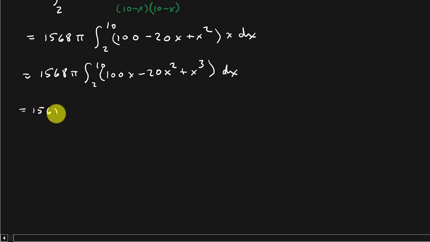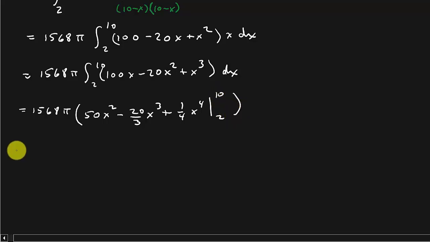So that's going to be 1568 pi times 50x squared minus 20 over 3 x cubed plus 1/4 x to the 4th. And that's going to go from 2 to 10.